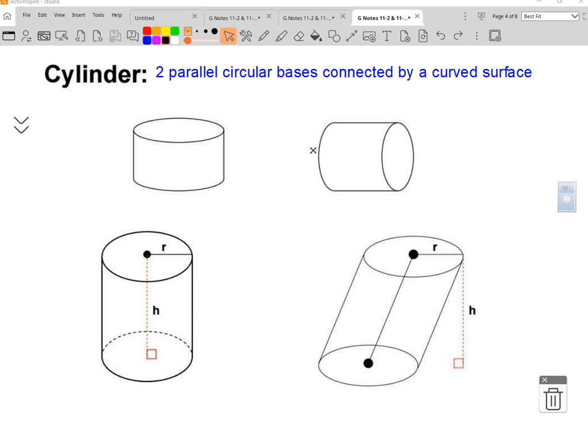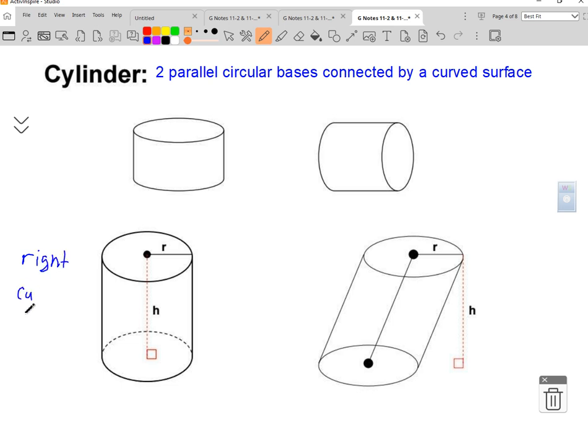A circle here, a circle on this other end that you can't see. Circle and circle. The circles are always the bases. The height is always the distance between them. Okay? This is called a right cylinder.